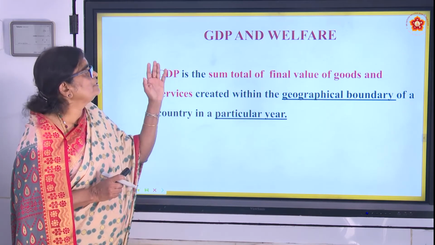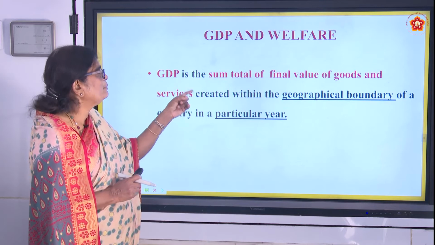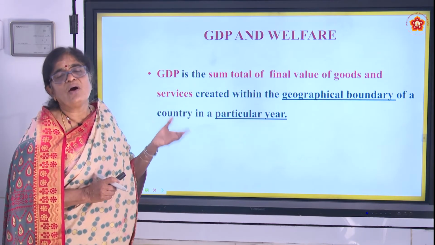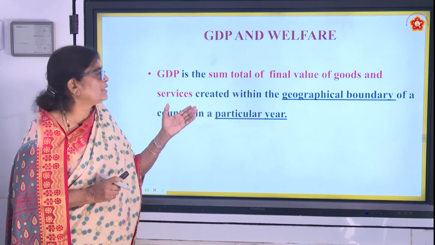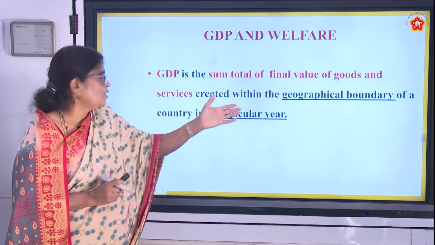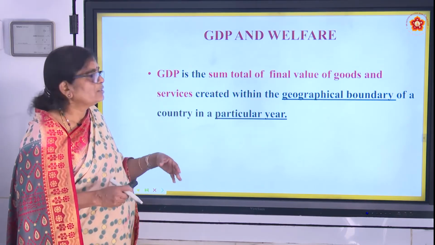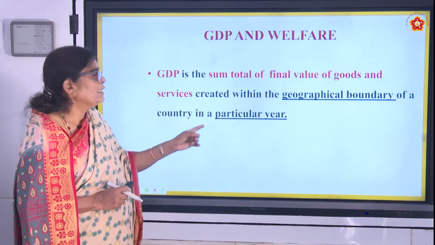And now we are going to see GDP and welfare. But you know what GDP is? It is the sum total or the aggregate value of all the final goods and services produced in a domestic economy, or the geographical boundary of a country, within the country, in a particular year.